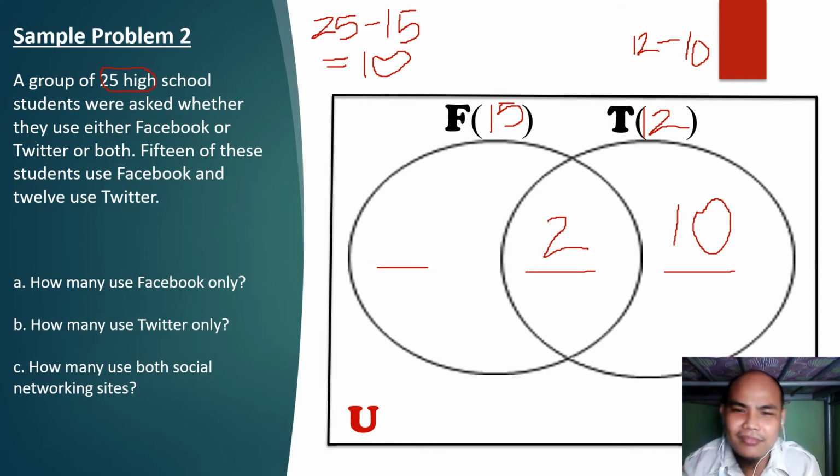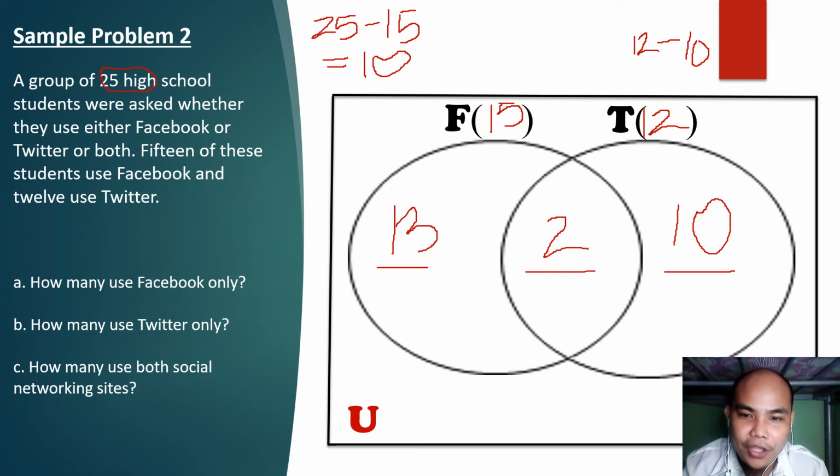Correct. How about this? Subtract. 15 minus 2, that is 13. Let's try to check. 13 plus 2 is 15. Very good. Let's try to check if the entire data, 13, 2, and 10, are all correct. How can we check that, sir?